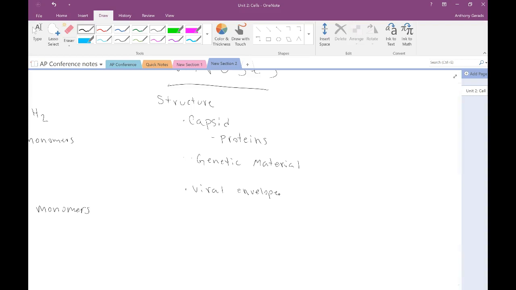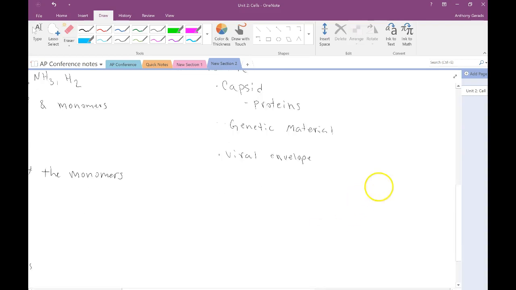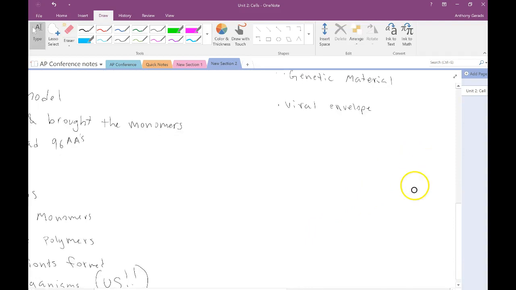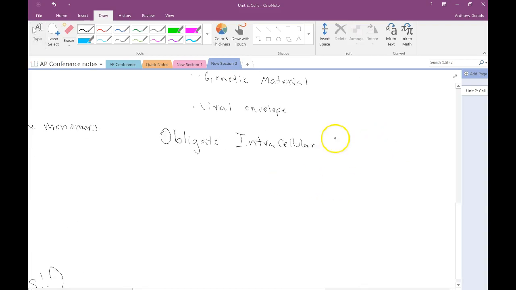So that's its biggest structure. And these viruses are called obligate intracellular parasites, meaning they must have a host cell.